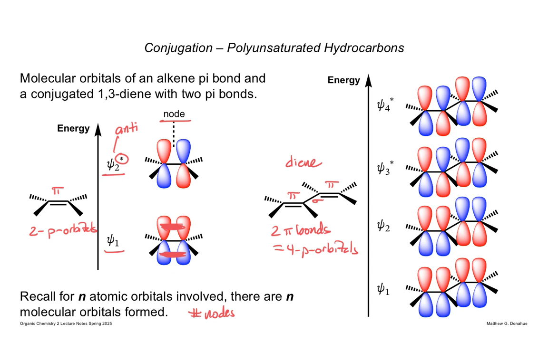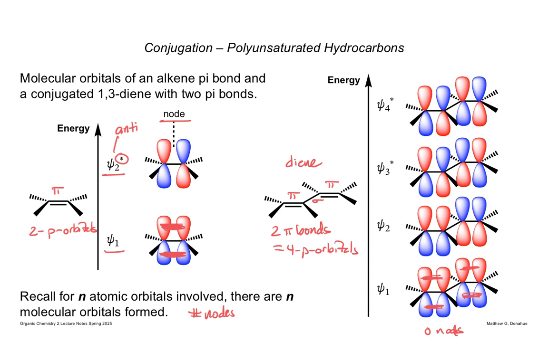The lowest energy wave function is always going to have 0 nodes. And again, if we take 1 minus 1, that gets 0. And we see that because the colors or the signs or the phases are all aligned. So you have this pi bond, then this one, and then this one.